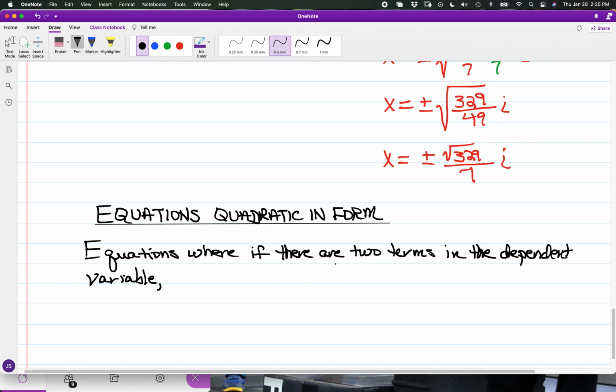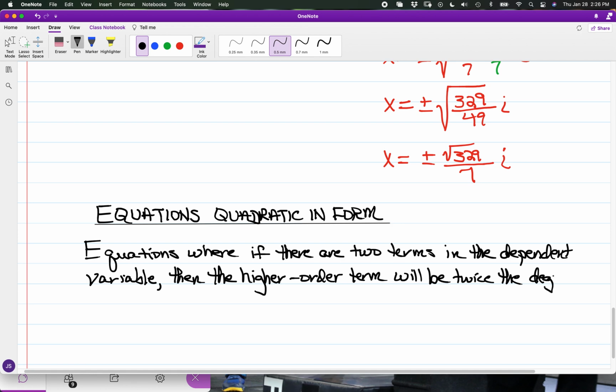But if there are two terms in the dependent variable, then the higher order term will be twice the degree of the lower order term.